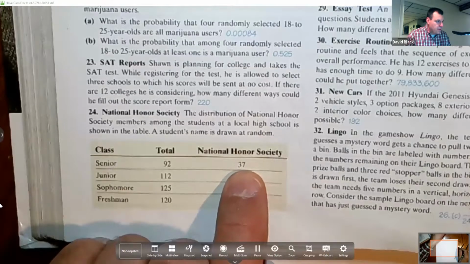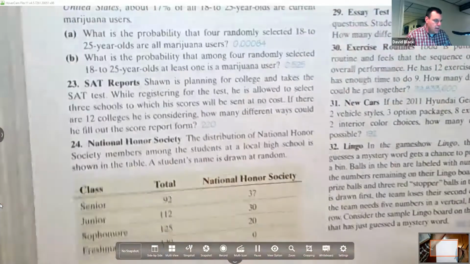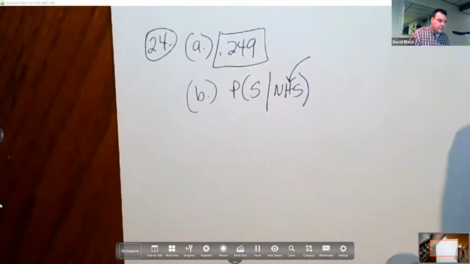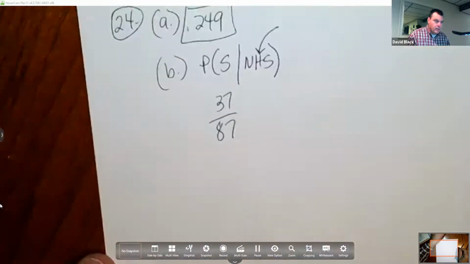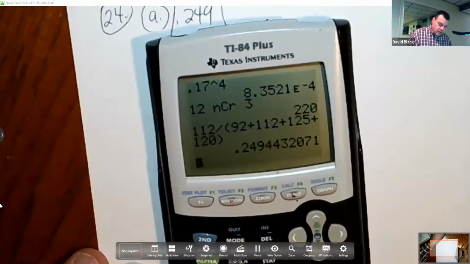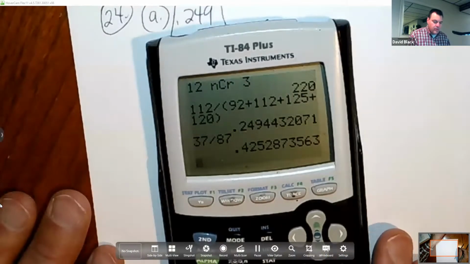And then 37 of those are seniors. So how about 37 out of 87? Which is approximately 0.425.